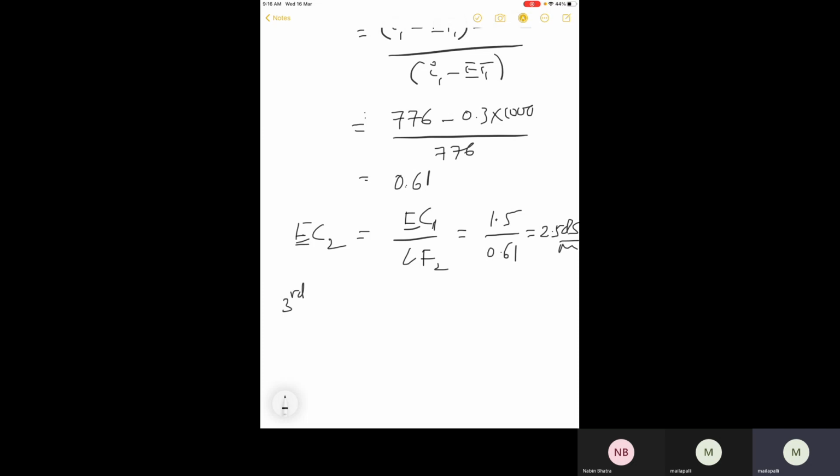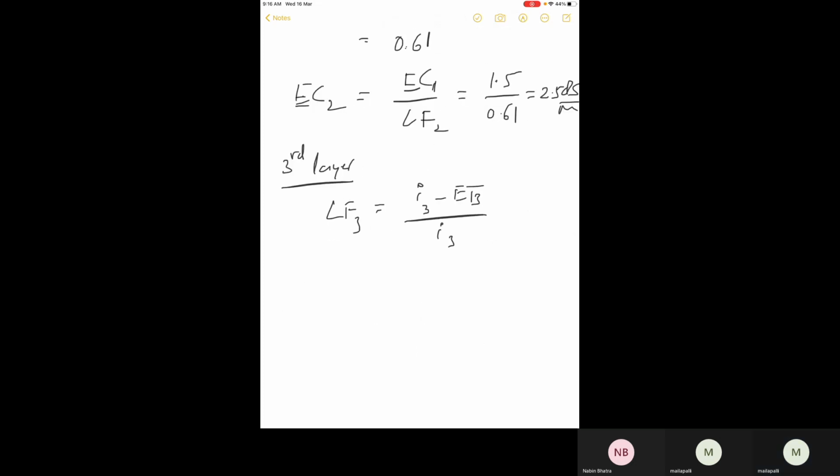So now the third quarter, the third layer, similarly, LF3 is equal to I3 minus ET3 divided by I3. Again, I3 means I2 minus ET2, so it is I2 minus ET2 minus ET3 divided by I2 minus ET2.